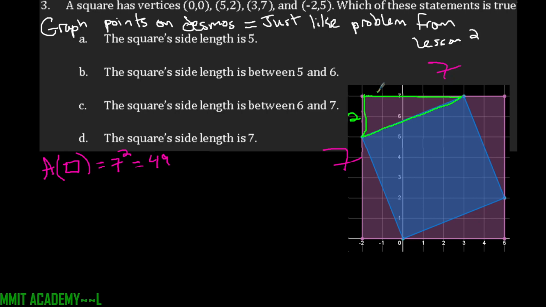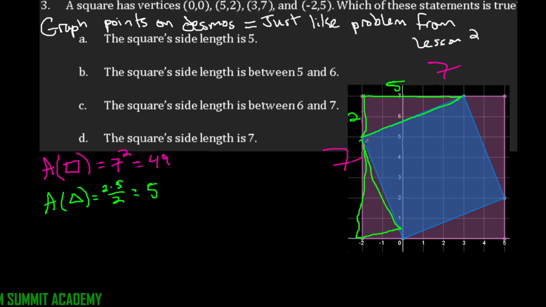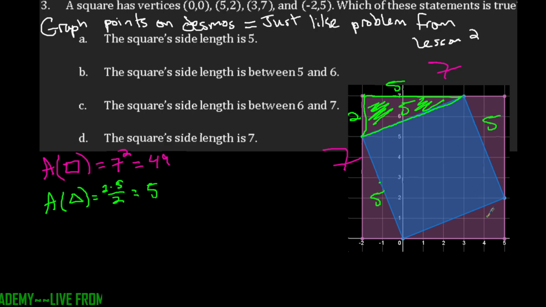Then I can find the area of each of these little triangles, just like we've been doing, where this side length is 2, this side length is 5. So the area of these triangles is going to be equal to 2 times 5 over 2, which is equal to 5. Since I have 4 of these triangles, let's try to draw that triangle a little bit better. This area is going to be 5, 5, 5, 5.